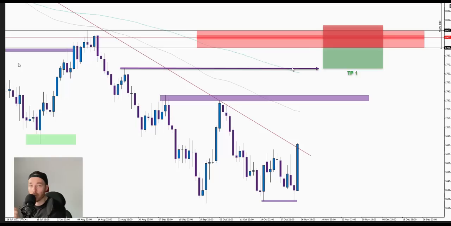So this is definitely something I would have an interest in, because this is my first confluence in my zone of interest. But if you look at it, we have to be realistic about what the potential target can be.